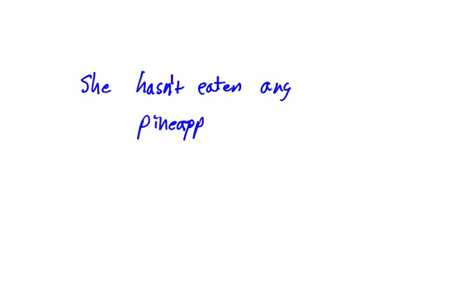Let's see a negative case. She hasn't, so has not, hasn't eaten any pineapple today. Well, today isn't over yet. It's still today. And so there's a chance she could still eat some pineapple before the end of the day. She hasn't eaten any so far, but it could still happen.